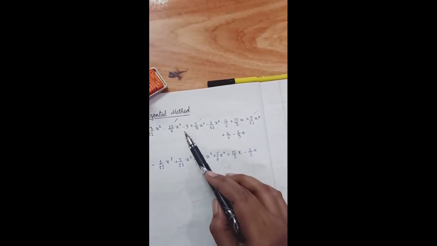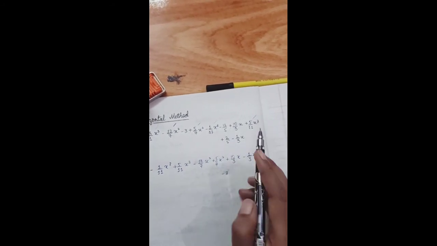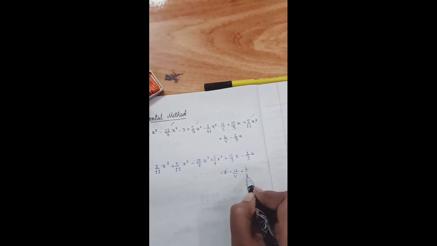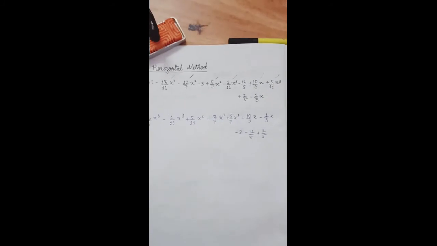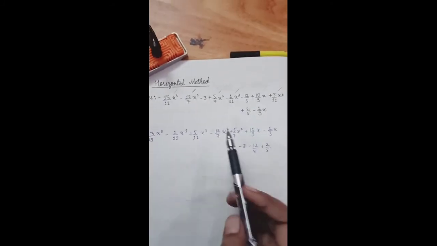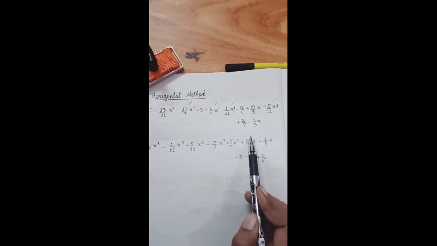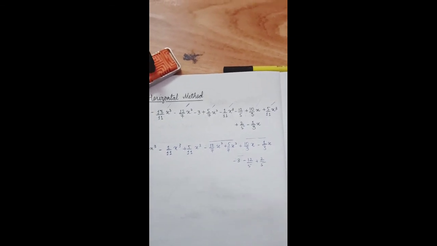Then we have minus 3, minus 12 by 5 and plus 2 by 5. So we have collected all the like terms together. These are the groups of like terms we have collected, right?